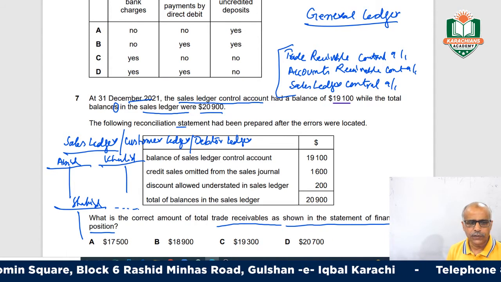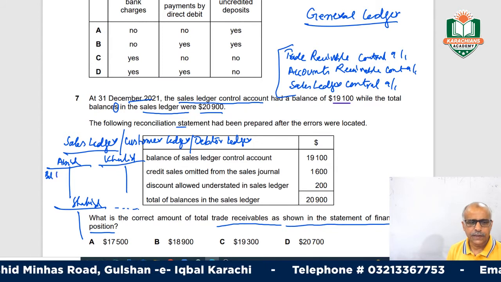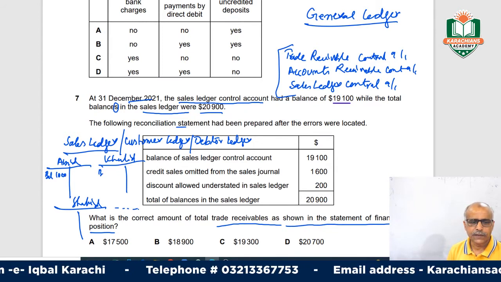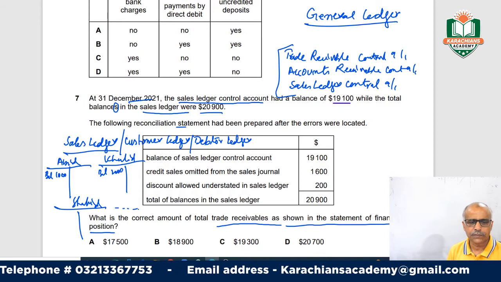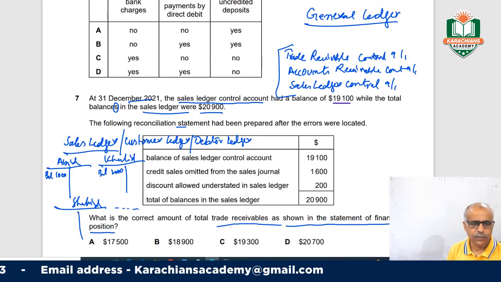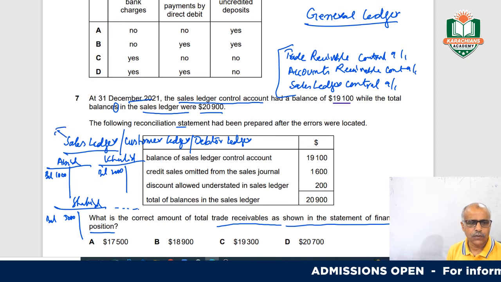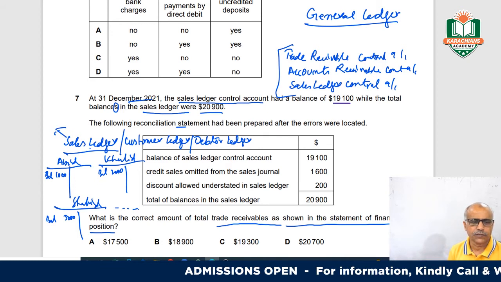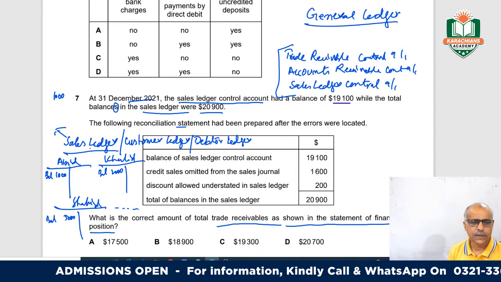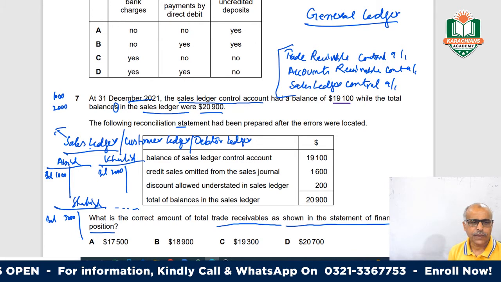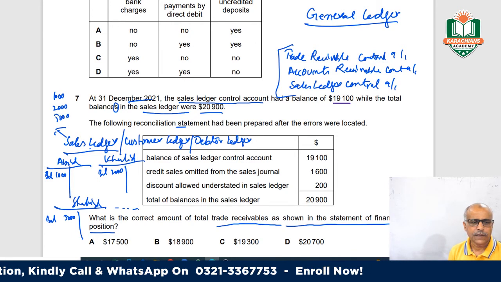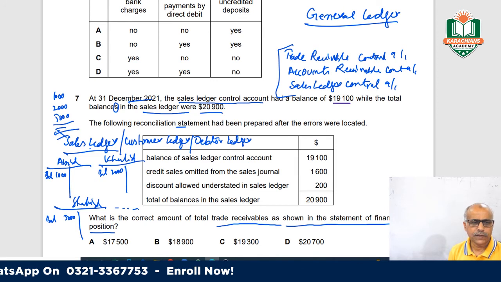If one has a receivable balance of 1,000, another 2,000, and another 5,000, and there are so many parties, the total sales receivable will be 1,000 plus 2,000 plus 5,000, which is 8,000.